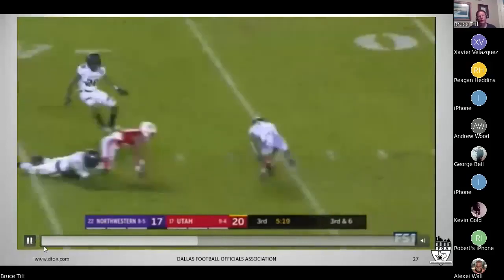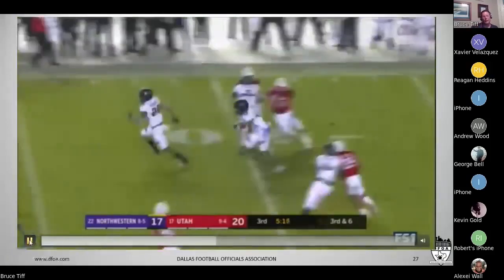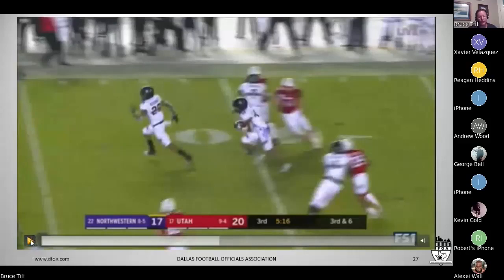Okay, I think we all agree, not the best angle to make that determination, right? But we're going to see some reverse angles in a second.